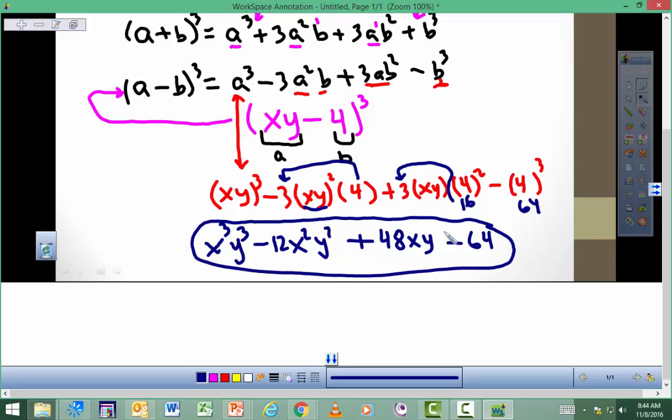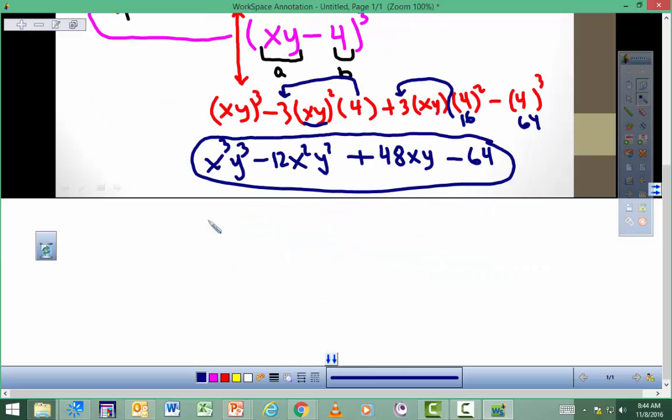Now, if you insist, you're also welcome to do this the long way. I think the pattern is going to be easier, but if you insist, you could have done it the long way. Like for example, you could have done xy minus 4 times xy minus 4 times xy minus 4.